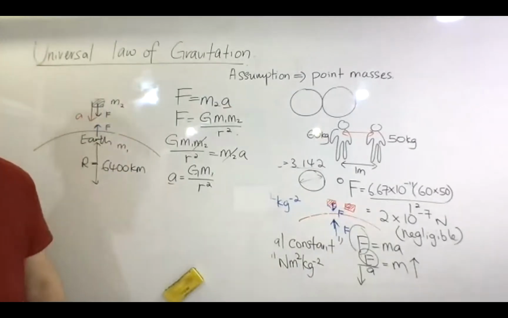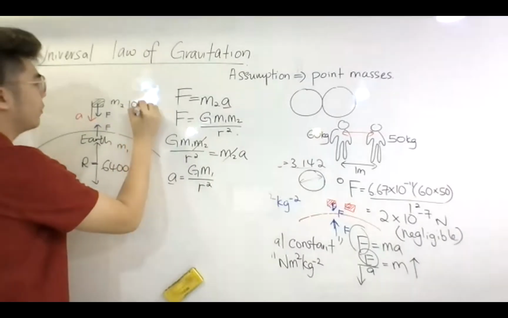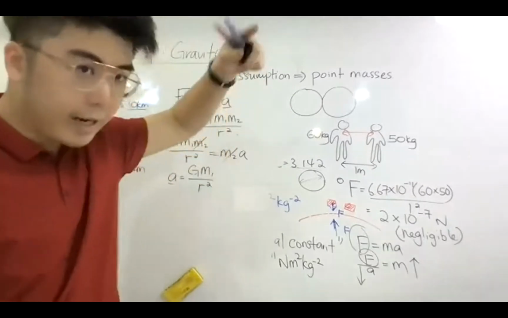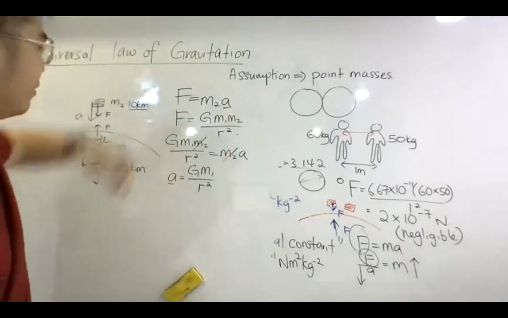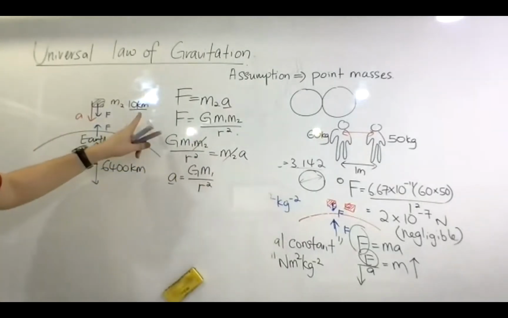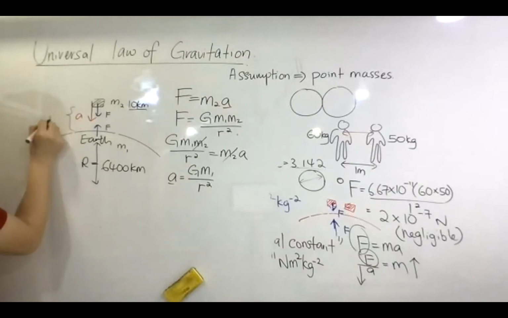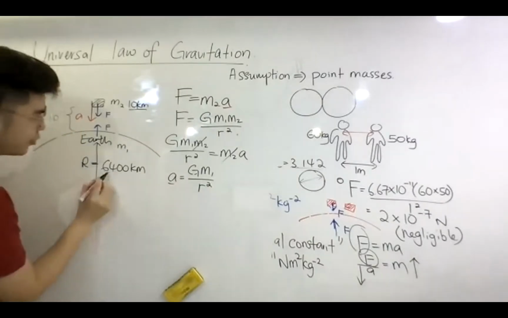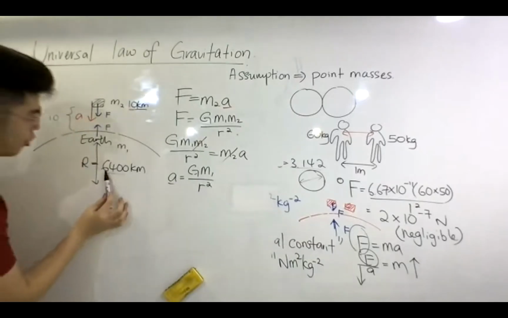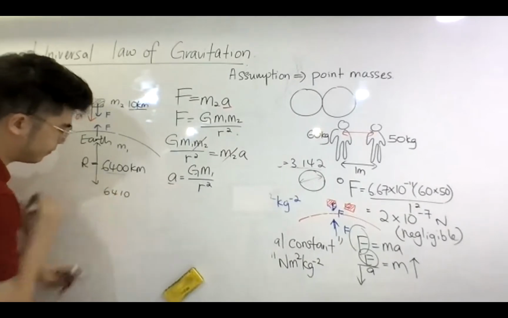Let's say I place the mass at 10 km. 10 km from the ground. Is it high? It's very high, right? 10 km from the ground. But if you compare this distance, 10 km compared with the 6,400, is it going to make any difference? You place at 10 km compared to this very large, at most you get 6,410 kilometers.